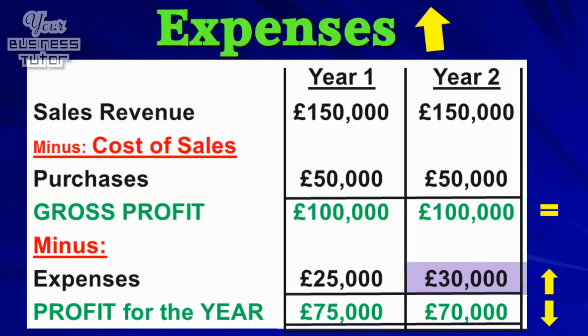For example, in the income statement shown, it can be seen that an increase in expenses from £25,000 to £30,000 has caused the profit for the year to fall from £75,000 in year one to £70,000 in year two. But gross profit has remained unchanged at £100,000.